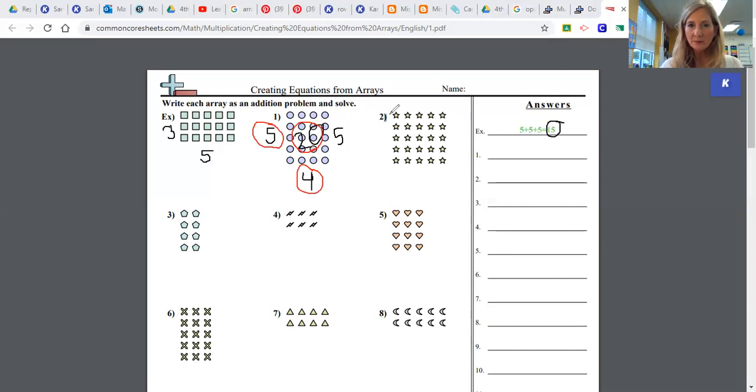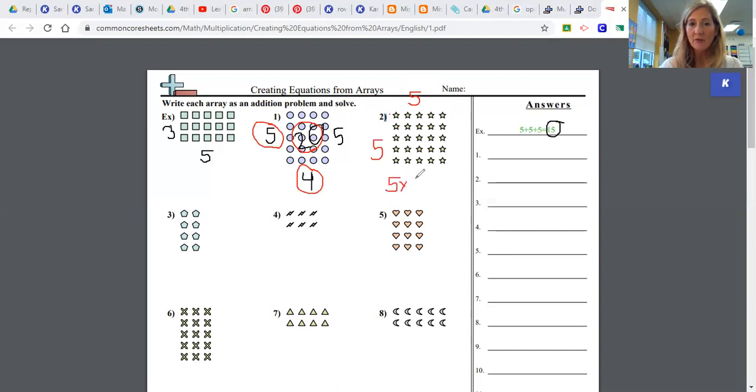Okay, how about this one? Number 2, how many rows do I have? 1, 2, 3, 4, 5. 5 rows, that's one of my factors telling me how many groups I have. And how many are in a row? 1, 2, 3, 4, 5. So I have 5 rows with 5 in each row. And the multiplication sentence that goes with that is just 5 times 5.